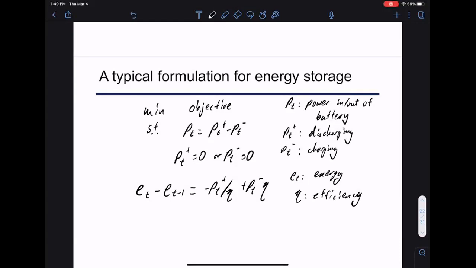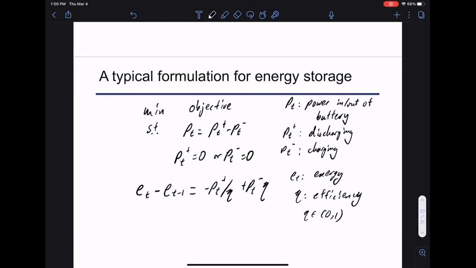Efficiency is some number between 0 and 1. Dividing by it means that it takes more. So the power you actually inject into the grid, for example, is less than the power you pulled out of the battery, because there's efficiency loss. And similarly, when you're charging, you're multiplying by it, because of the power you got from the source, from the grid, let's say, some of it is lost to inefficiency. Okay, so this is the evolution we have.